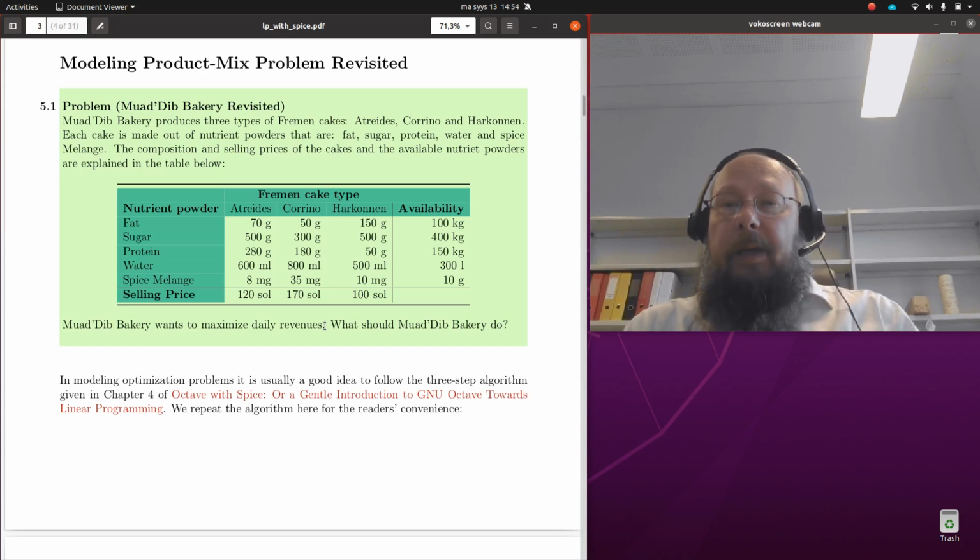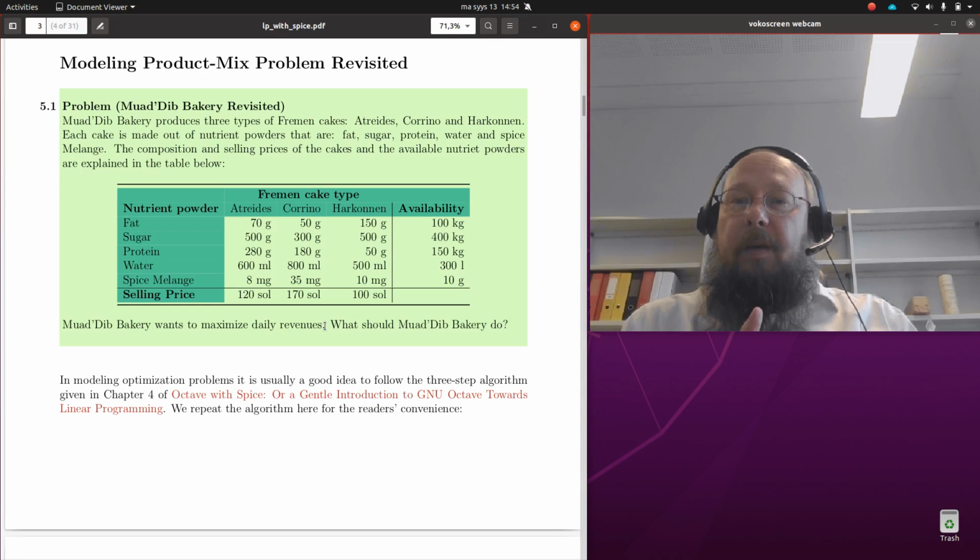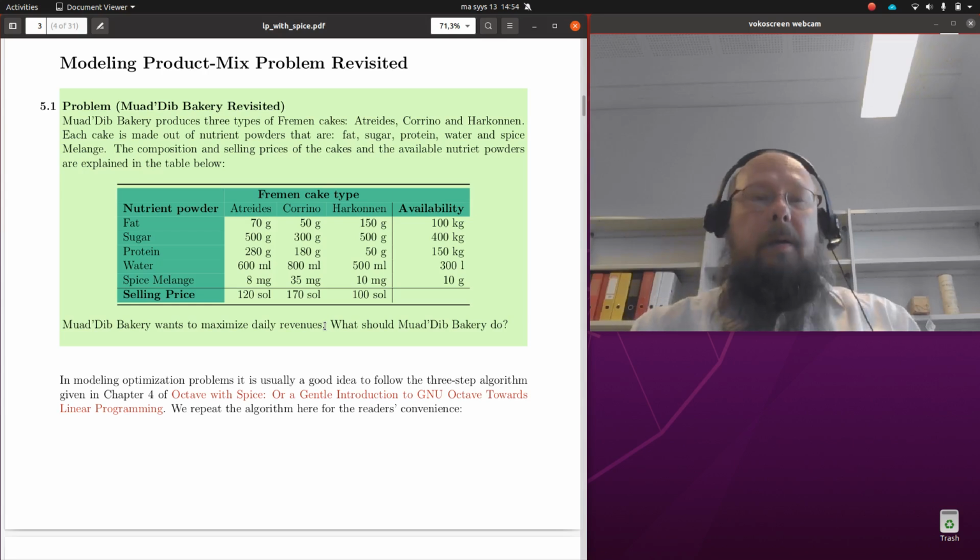So what is the daily revenue? It depends on, of course, the cakes we bake. And how does it depend on them? Well, it's given here in the bottom line, selling price. For each Atreides cake, More Deep gets 120 solaris, each Corrino cake 170 solaris, and each Harkonnen cake 100 solaris.